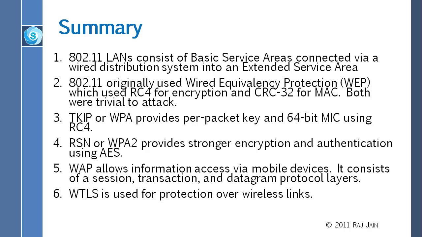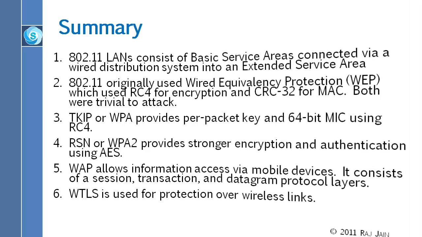Then we talked about the cell phone world. In the cell phone world, we use WAP, and WAP had many layers like sessions, transactions, datagrams, and so on, those protocol layers. And then we talked about WTLS, which is the wireless version of TLS.